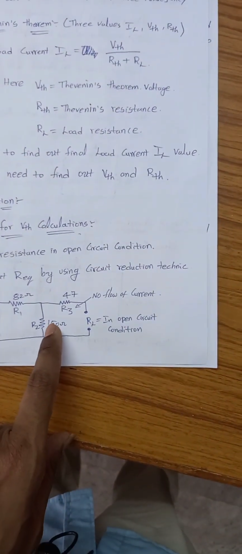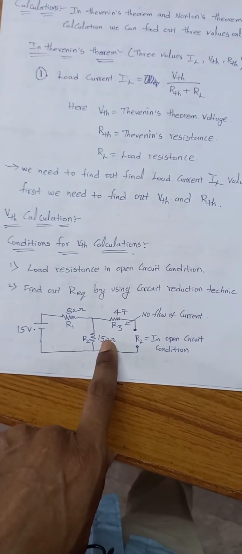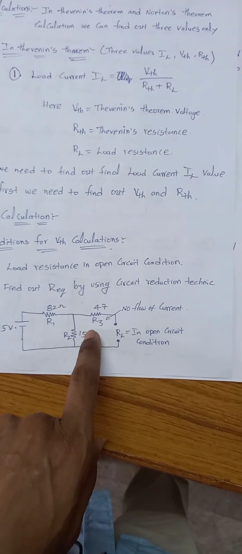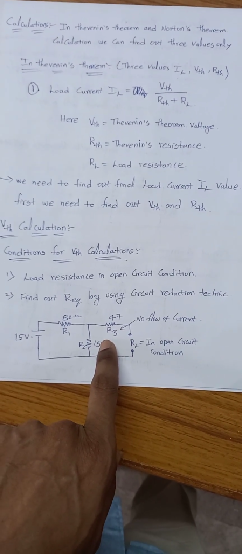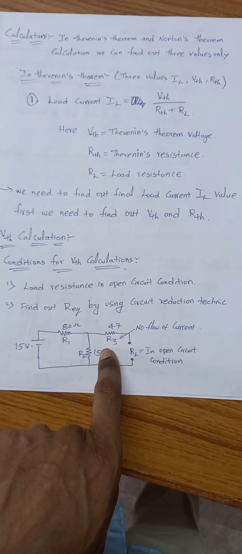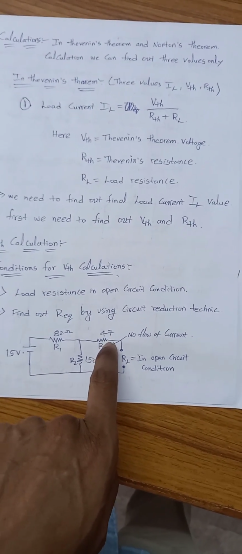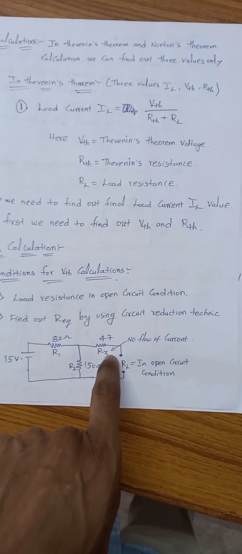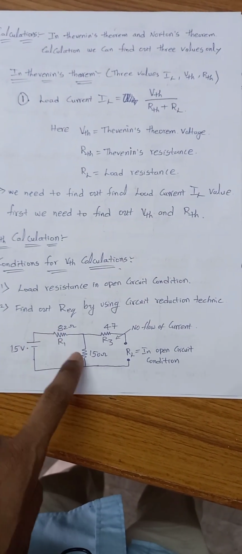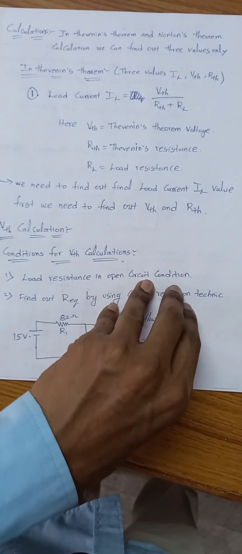There is no flow of current through this loop. Simply, in open circuit condition current is 0. That is the only reason we do not consider this 47 ohm resistance. We are calculating the equivalent resistance based on these two resistances only.